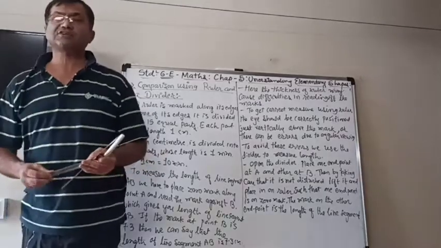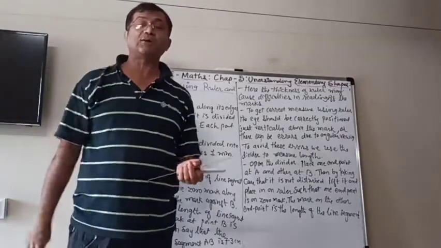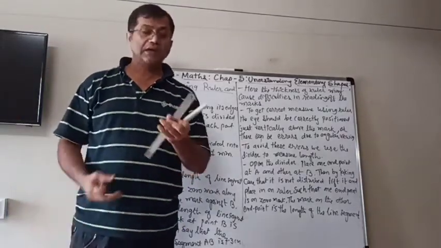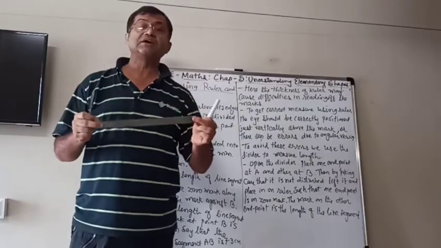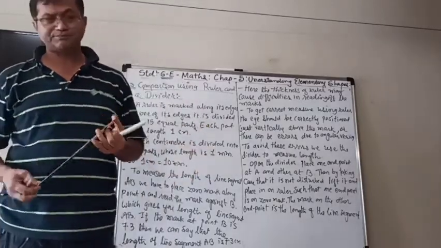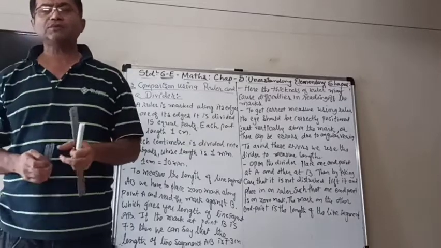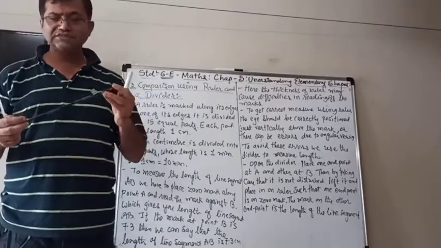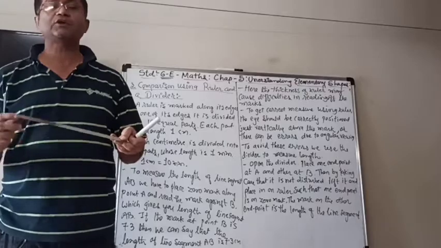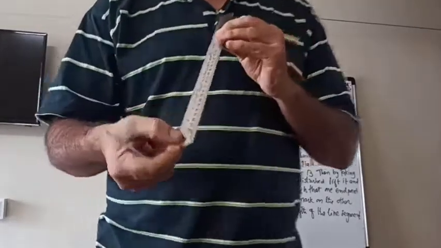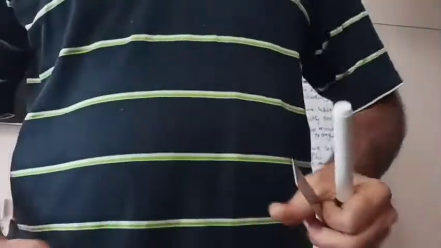In your compass box, a small ruler is there, and bigger rulers are also available. If you look at both edges of the ruler, you can see marks on both edges, because there are different units on the different edges.